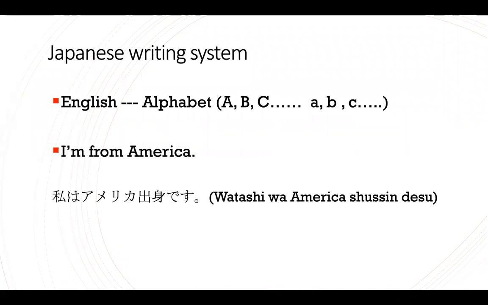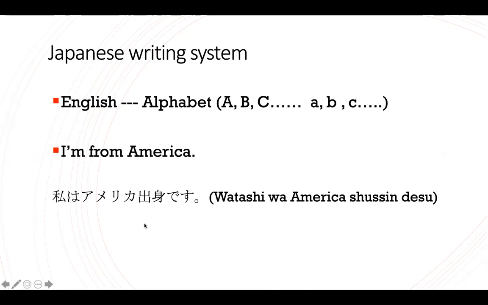So let's talk about the Japanese writing system now. If I want to say I'm from America in Japanese, I would say 私はアメリカ出身です。That's how to say I'm from America in Japanese.